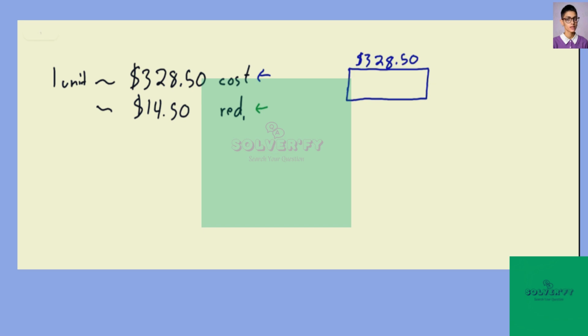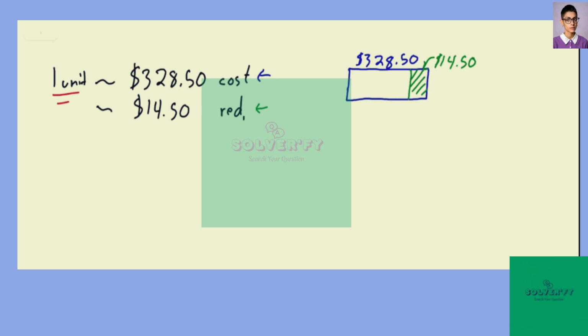So this 1 unit over here is not playing a role in our rectangle. It goes along with our rectangle, but the number 1 doesn't go along with our rectangle if our rectangle is about cost. Because what I'm then going to do is try to reduce this cost, right? So I'm going to chop away at this rectangle, and the amount that I'm chopping away at this rectangle is this $14.50.